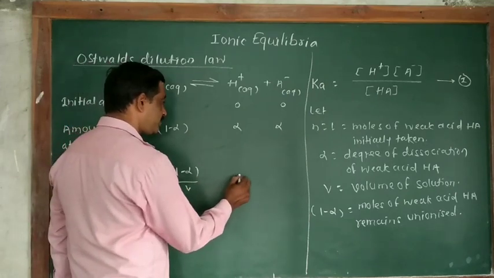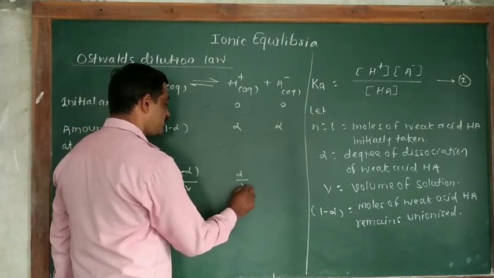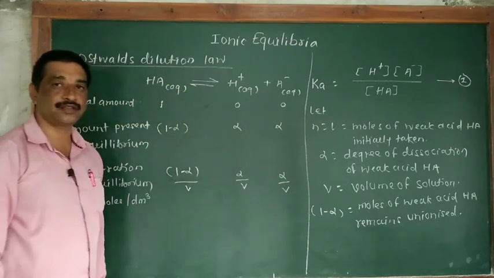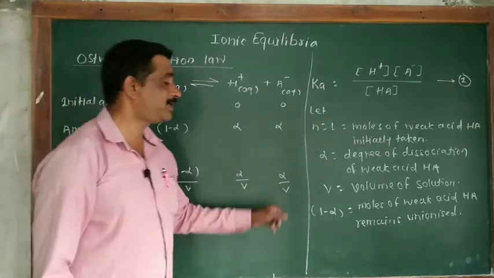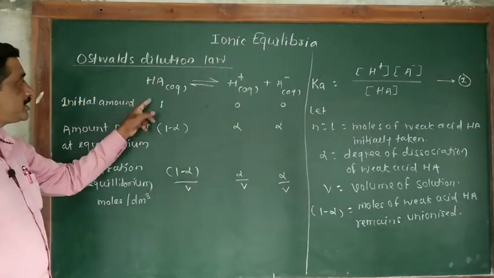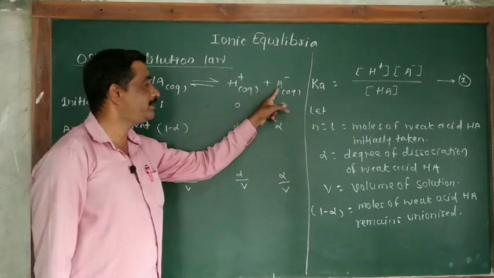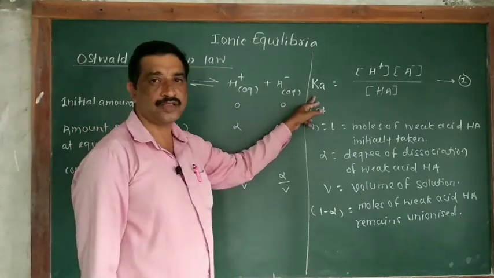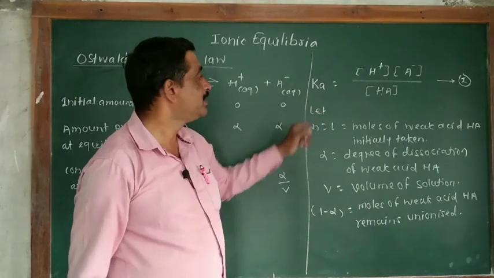The concentration of H plus ions is alpha upon V, and similarly the concentration of A minus ions is also alpha upon V. So here we got the concentrations of the species HA, H plus ions and A minus ions at equilibrium, and this dissociation constant is also calculated at the equilibrium state.